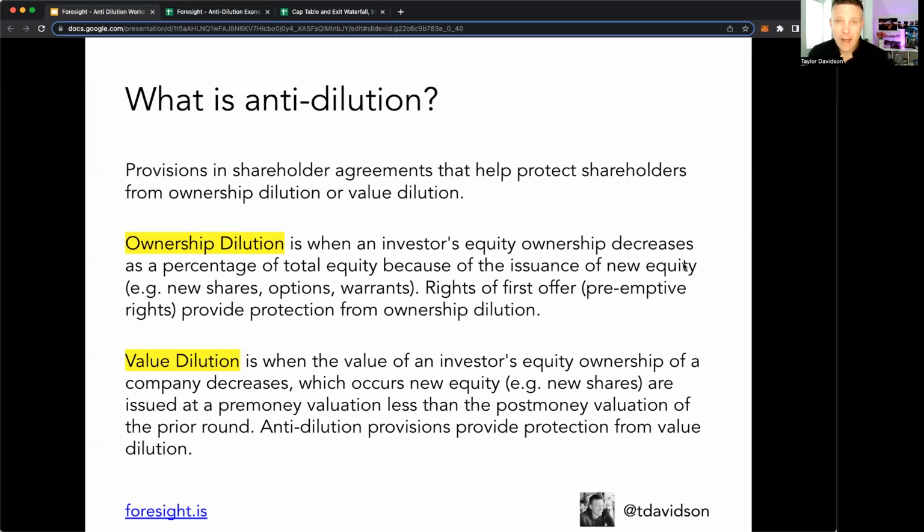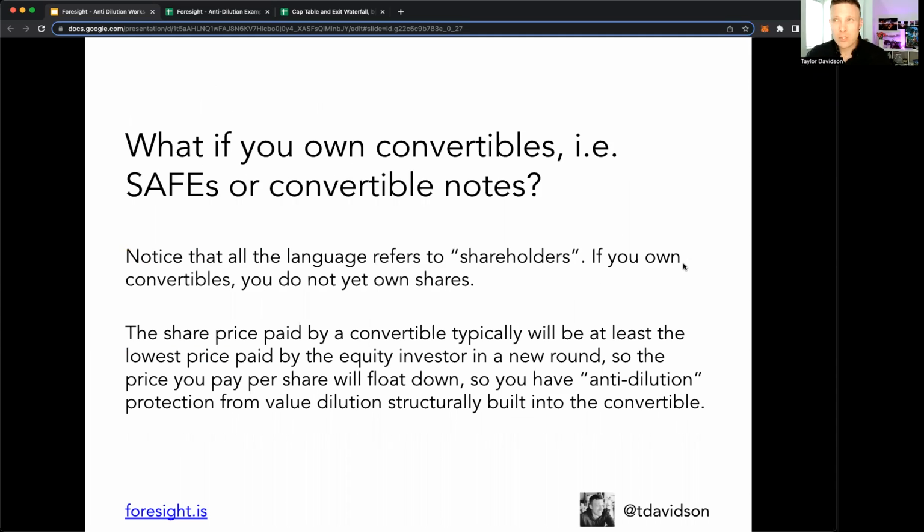Value dilution is when the value of the equity you hold goes down over time. Ownership dilution typically has clauses like rights of first refusal written in as one protective element. Anti-dilution provisions, the usual term, most typically apply to value dilution.